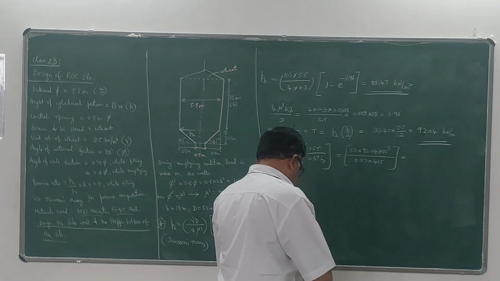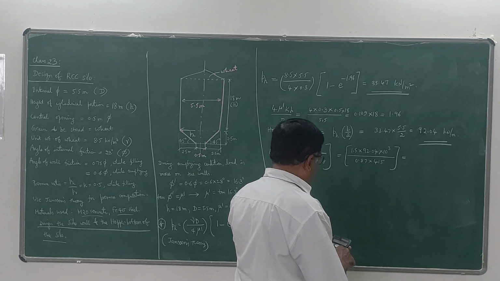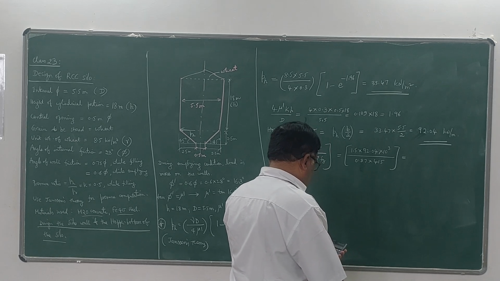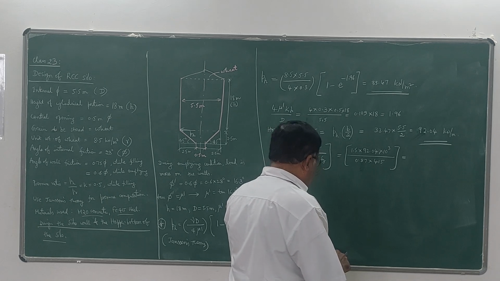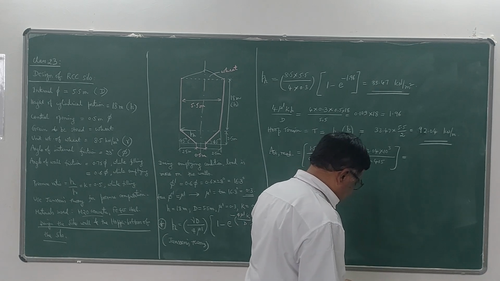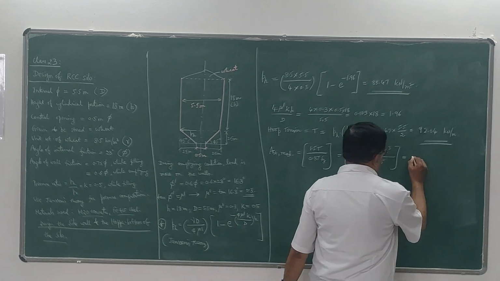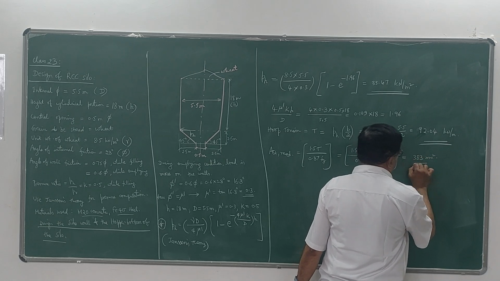So 1.5 multiplied by 92.04 multiplied by 1000 divided by 0.87 divided by 415. So the value comes out to be 383 millimeter square. So this is the AST required.